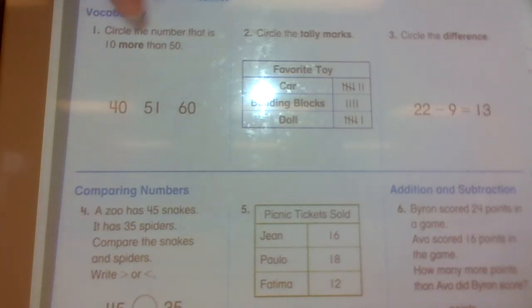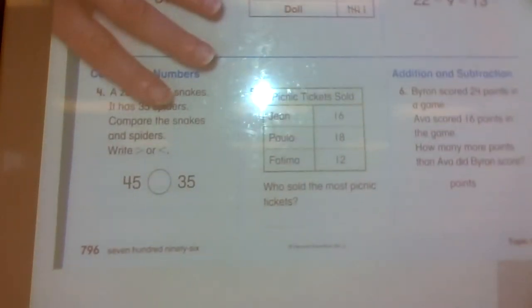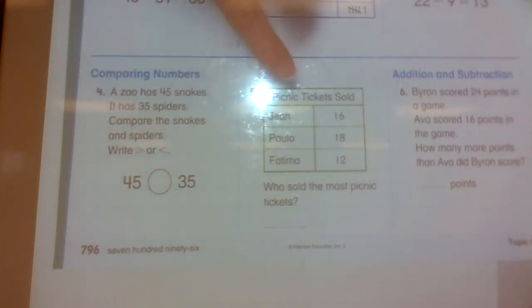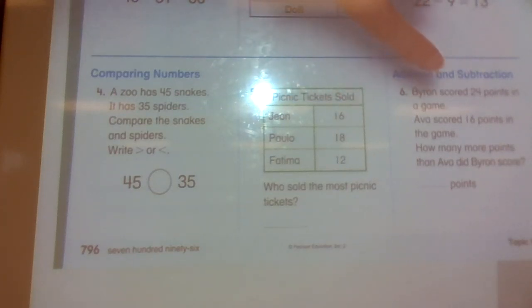Be sure you read each one carefully. Which one is 10 more? Show where the tally marks are. Circle the tally marks. Circle the difference, all right? You have 22 minus 9 equals 11. Which one of those numbers is the difference? Then at the bottom, you have a greater than, less than. Over here, it asks you a question about this table. And then at the end, it is a word problem.